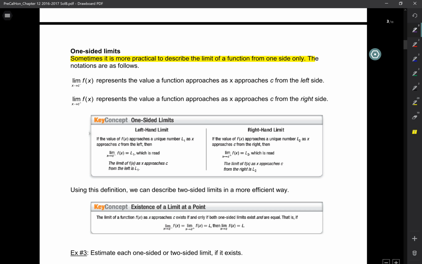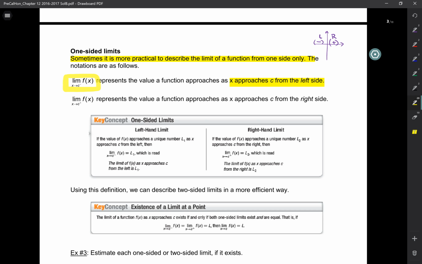So if you have the Cartesian coordinate plane like this, and if this is the left side and the right side, the left side is the side with the negative values, and this is the side with the positive values, right? So when you want to talk about x approaching c from the left side, that's the side of the negatives, we say limit of f of x as x approaches c minus, right? C from the negative side.